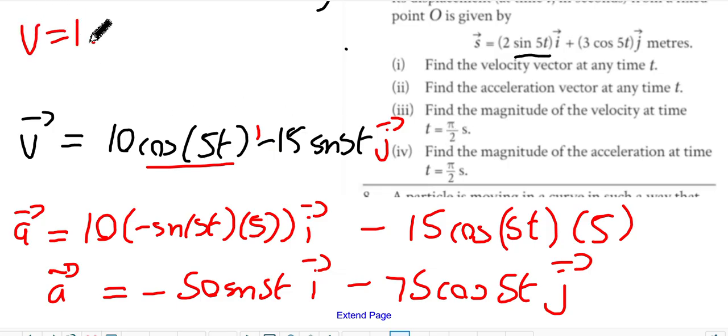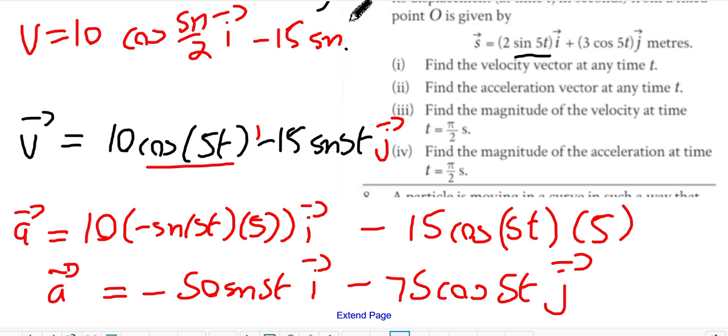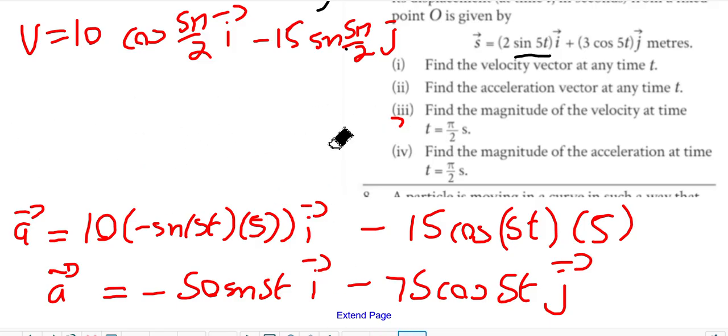It's going to be 10 cos 5 pi over 2 i, minus 15 sine 5 pi over 2 j. Put your calculator into radians and do 2 separate calculations, one for the yellow bit and one for the green bit. But don't do any rounding. If you can keep it as a decimal or a surd, please do. So once you get an answer, let me know.